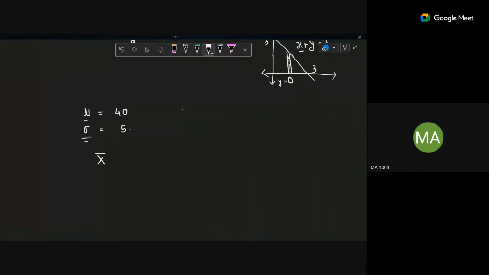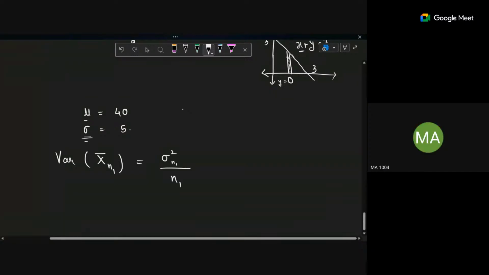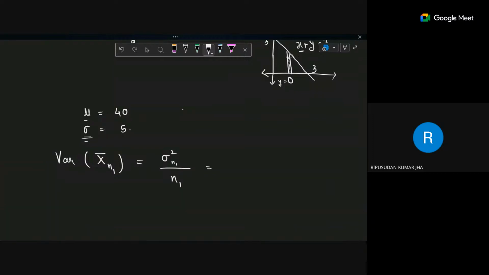So let's say x bar is the sample mean, and there are n1 samples. So the variance of x bar for n1 will be given as sigma square by n1, which is the variance of the population divided by n1, and this is equal to 0.0625.